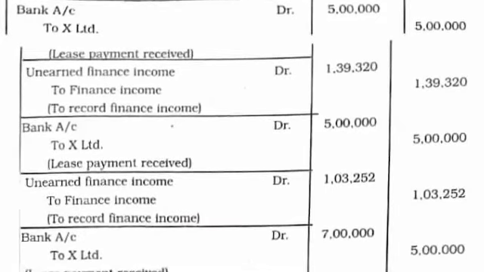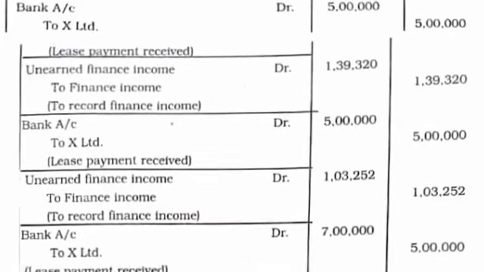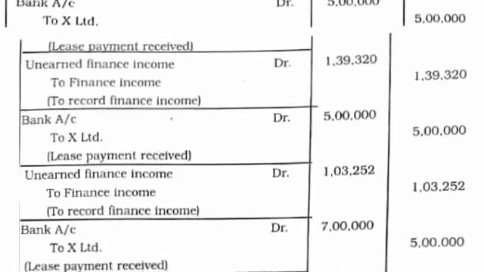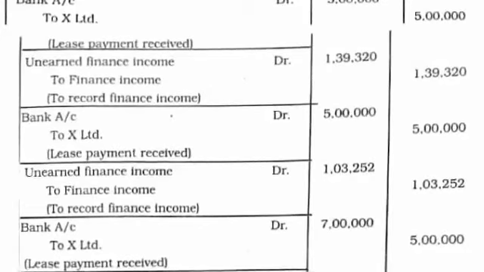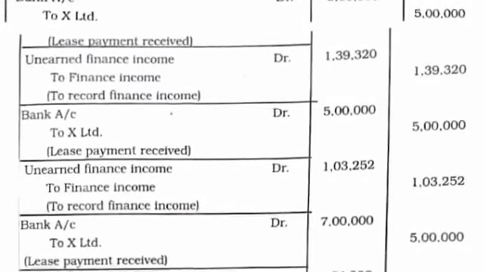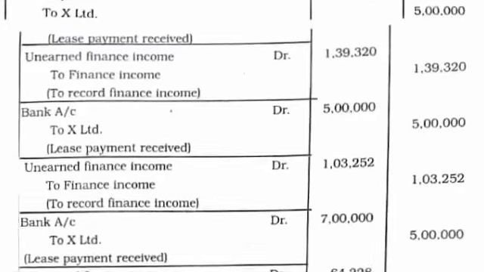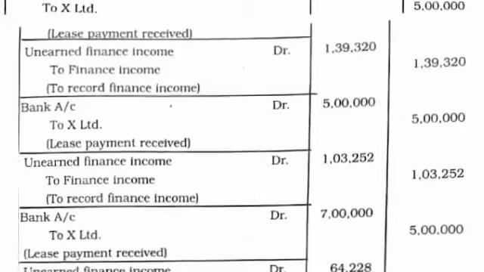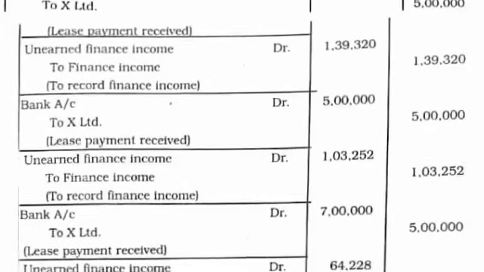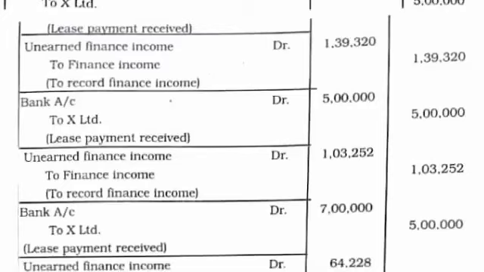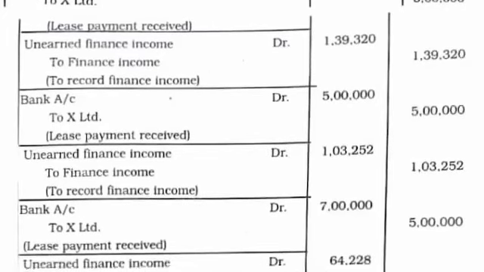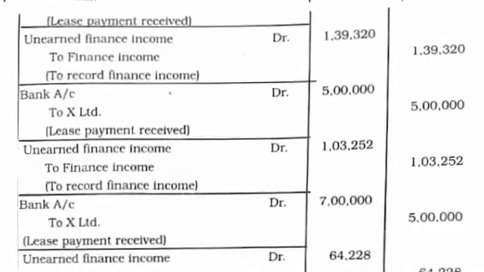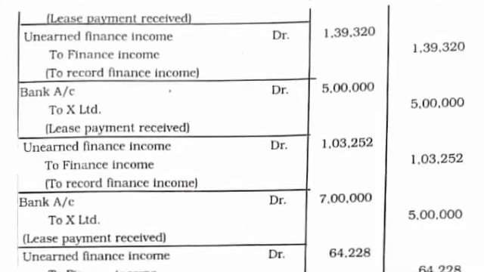Then the next year, bank account debtor to X Limited 7 lakh rupees, which includes the 2 lakh residual value. Here the entry is bank account debtor 7 lakh, and to X Limited also 7 lakh.